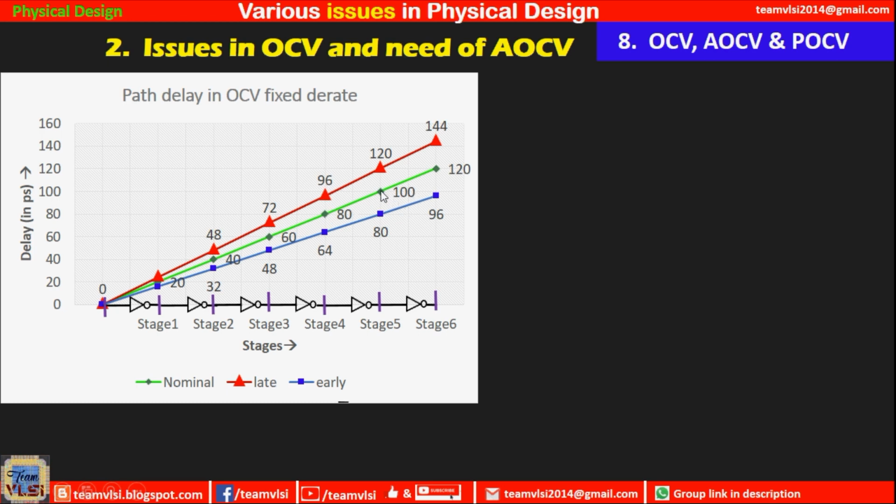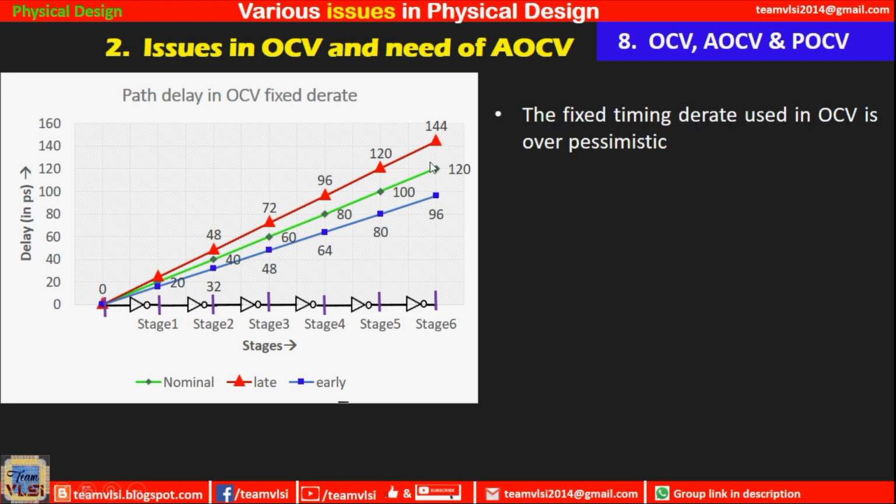Like after stage 5, nominal delay is 100 picoseconds, but late delay could come up to 120 picoseconds, and early delay could be 80 picoseconds. Similarly at stage 6, 120 picoseconds is the nominal delay, 144 picoseconds is your late delay, and 96 picoseconds is your early delay. So there is a variation from 96 to 144, and that is 48 picoseconds of variation, 24 picoseconds on either side.